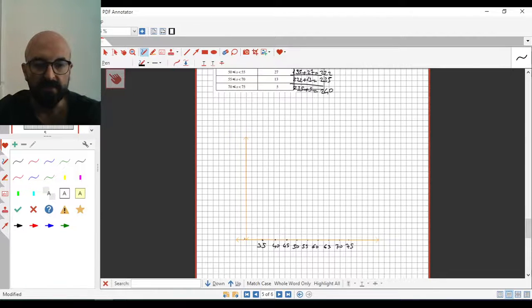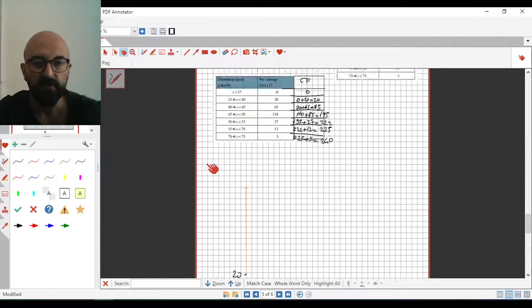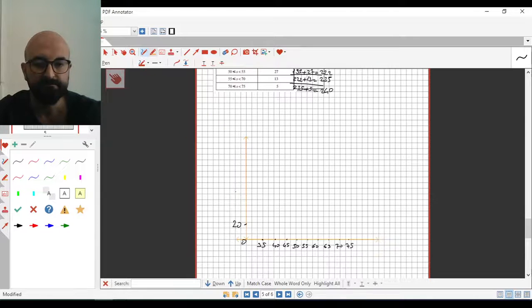So 0 and 20, and we have 85 cars, and 100 and 195, 195, and 222, 240, and then the last one 240.